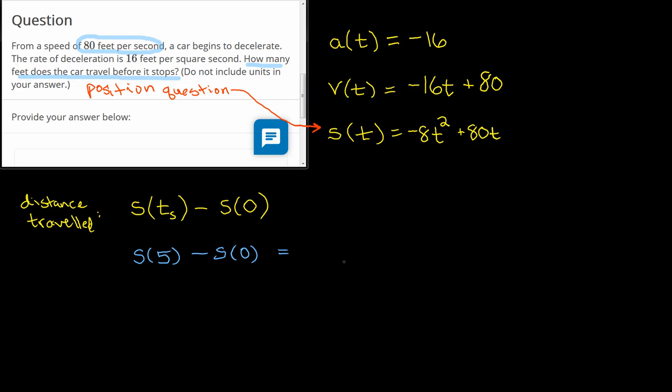So s of 5 is going to be negative 8 multiplied by 25 plus 80 times 5, and 80 times 5 is 400, and then we subtract s of 0, but s of 0 is 0.